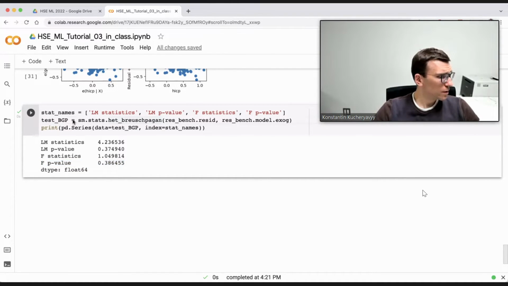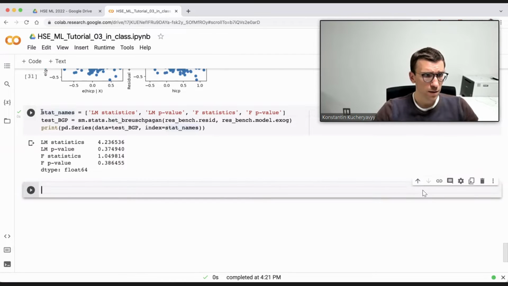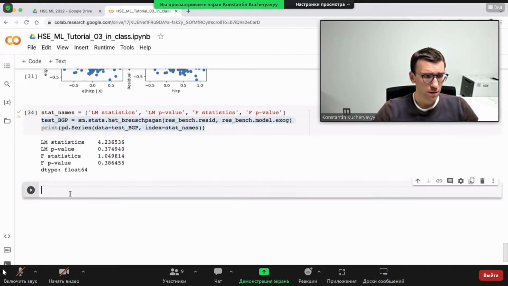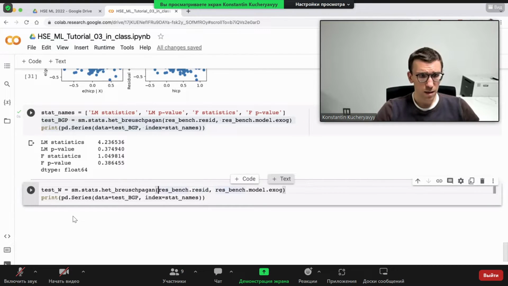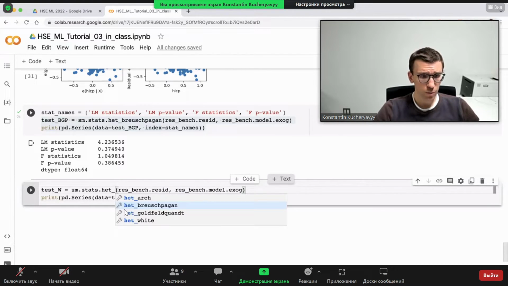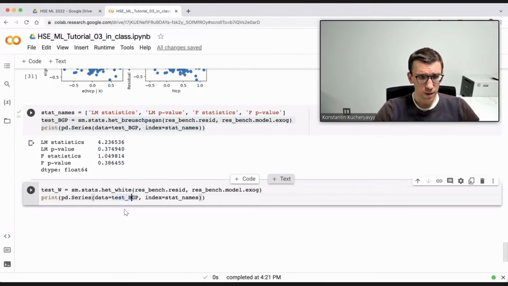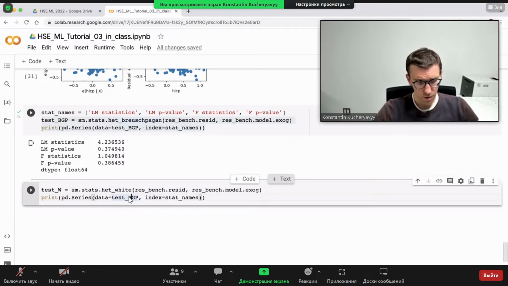An alternative is to do the White test. In our case, our residuals are homoskedastic, which is good: it doesn't jump out at us that the model is still wrong.